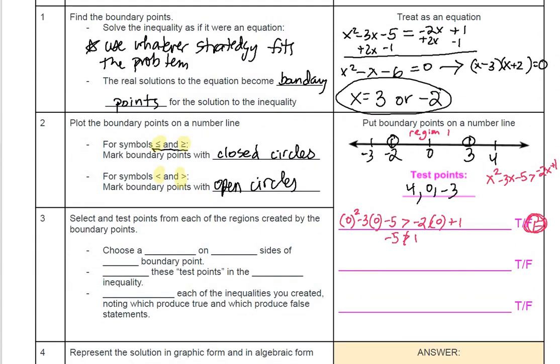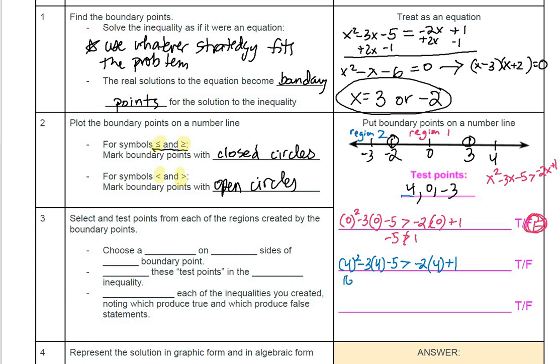Then I'll do the next region. I'll call this region 2, and I'll be plugging in 4. So I get 4 squared minus 3 times 4 minus 5 greater than negative 2 times 4 plus 1.